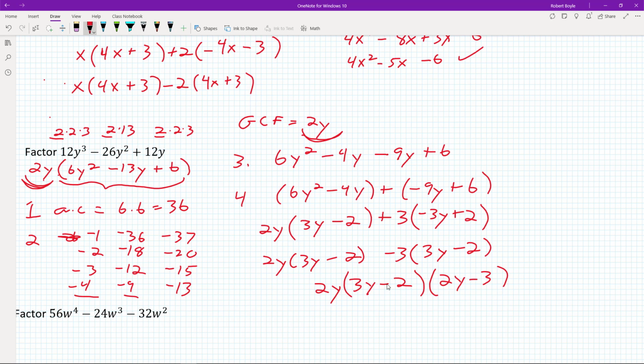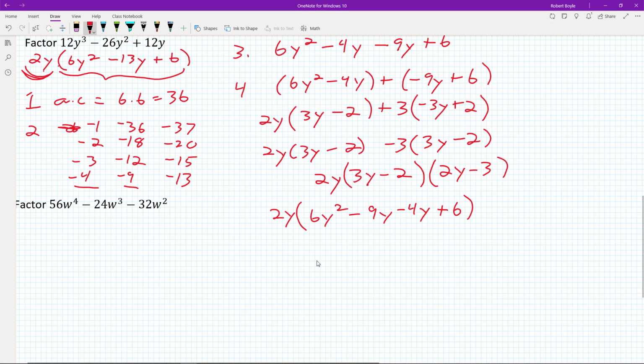Does it work out? Well, once again, we can go ahead and do FOIL, and that will give us 3y times 2y, which is 6y squared. 3 times negative 3 is minus 9y. Negative 2 times 2y is minus 4y. Negative 2 times negative 3 is positive 6. All that gets multiplied by 2y.